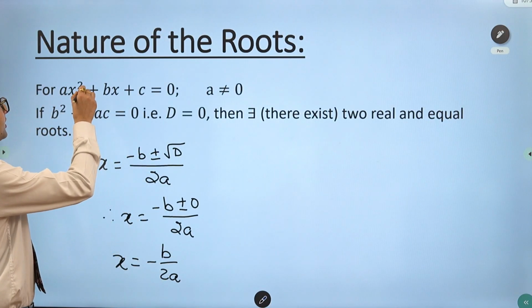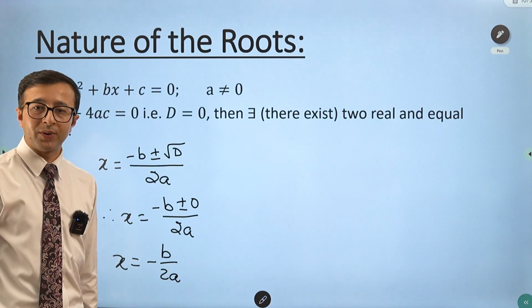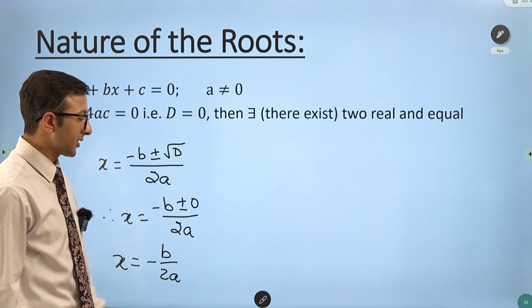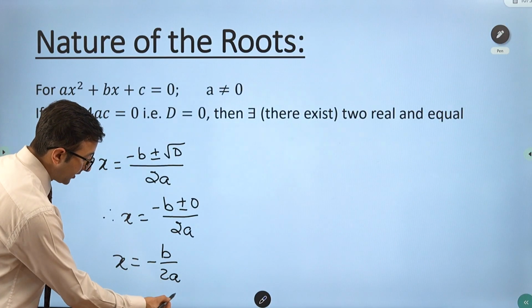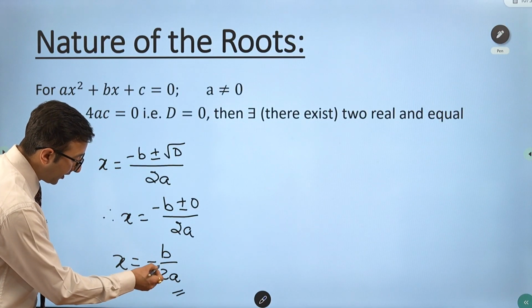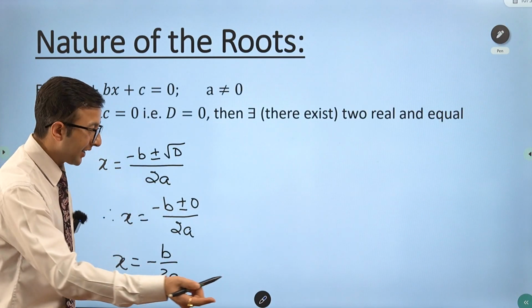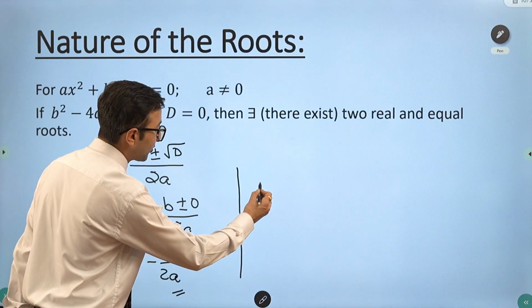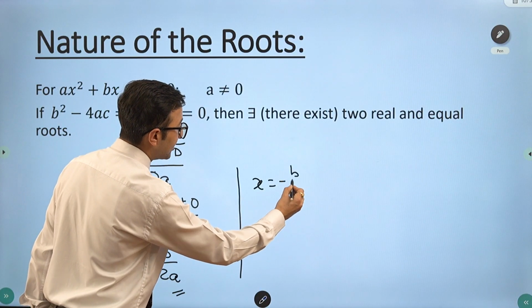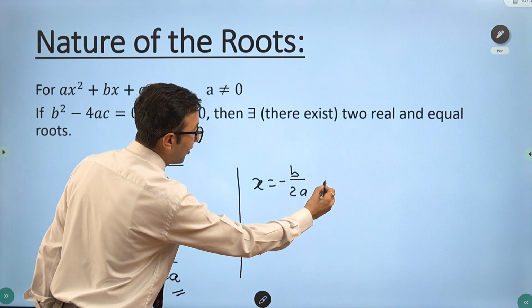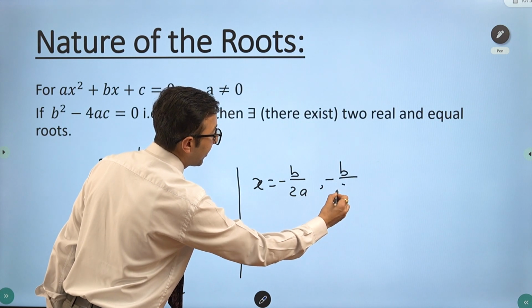But look here, the degree of this quadratic equation is 2. That's why it is called a quadratic equation. Here the value of x we are writing is only 1. Then what will be the next value? The next value of x will be the same: minus b by 2a is one of the values, and another value is also minus b by 2a.